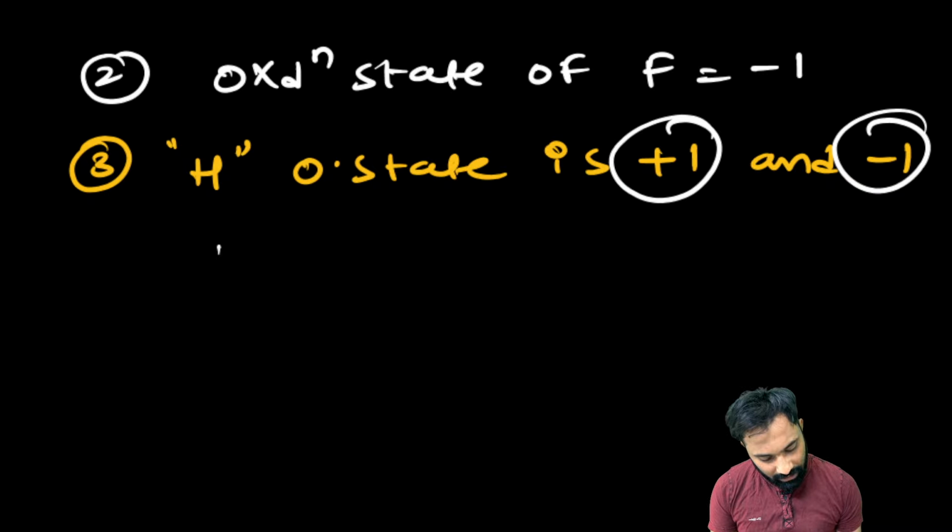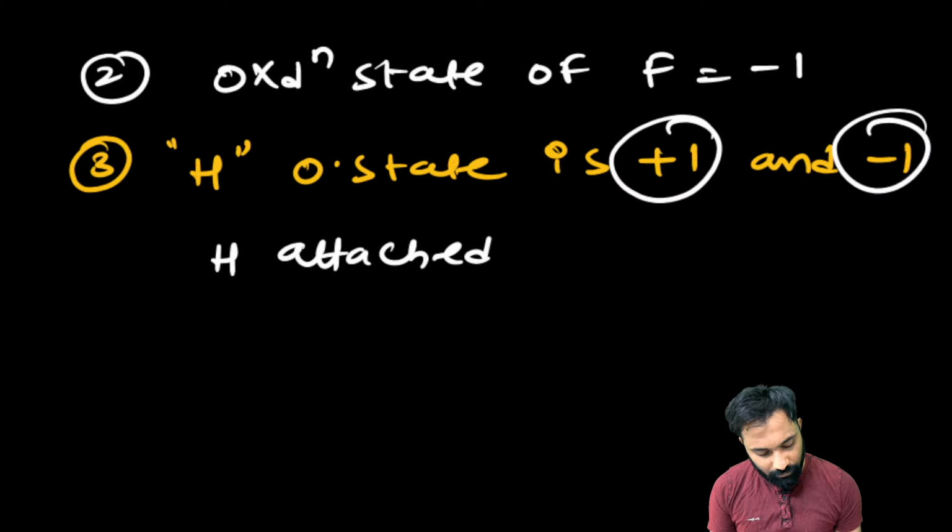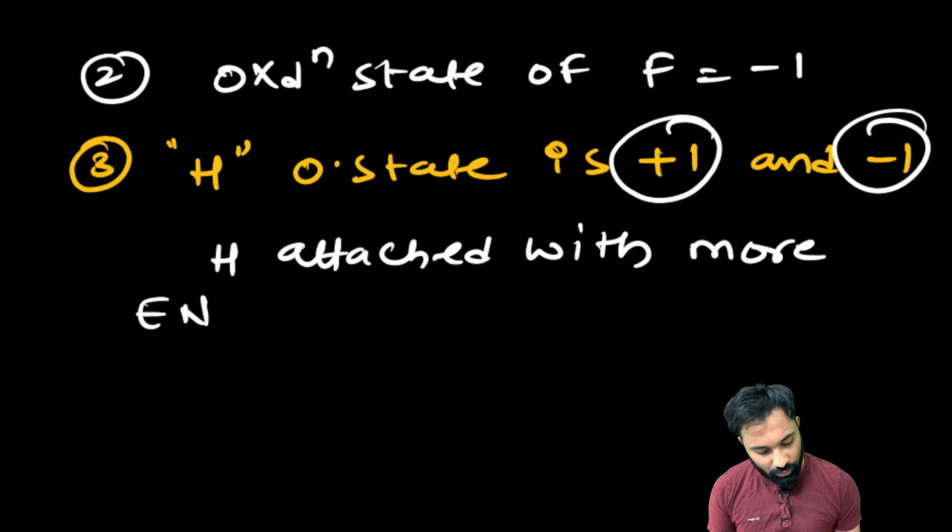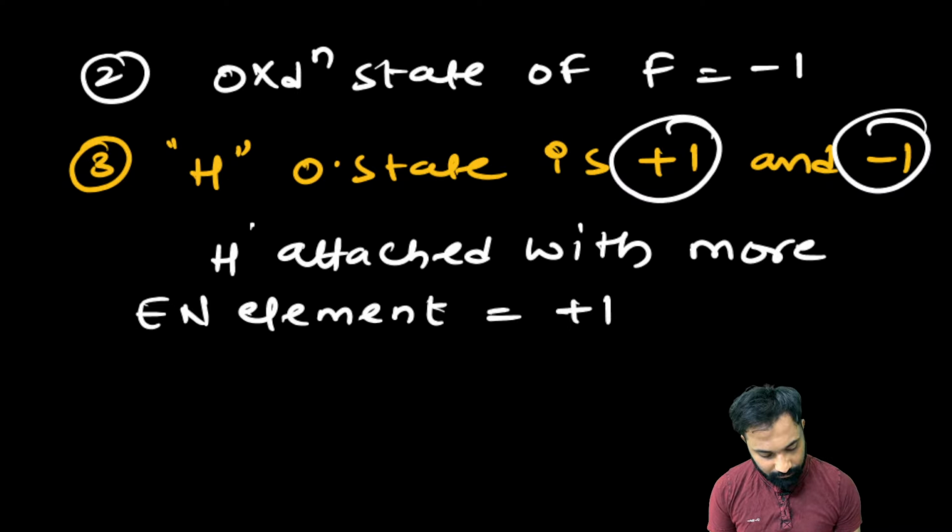Now if hydrogen is attached with more electronegative elements, its oxidation number is +1, right?